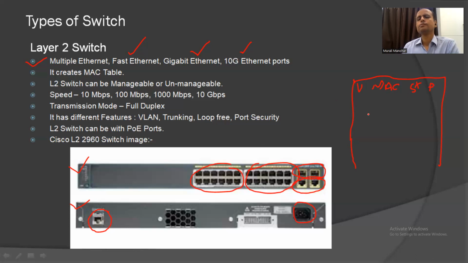Fine. In this MAC table, information about all connected nodes is stored. For example, with this port, you have connected a machine, and this machine has a MAC address A. I'm just taking A as an example. A is the MAC address, and the switch port number is, for example, fast Ethernet 0/0.